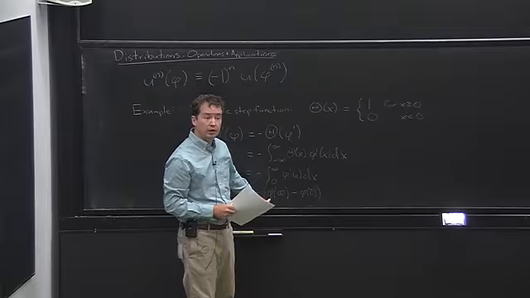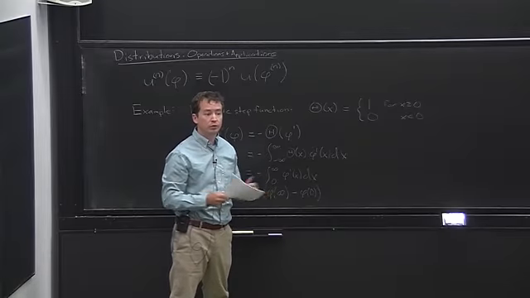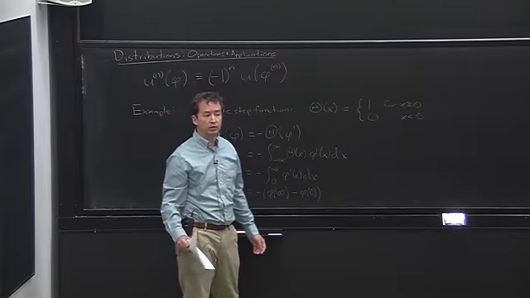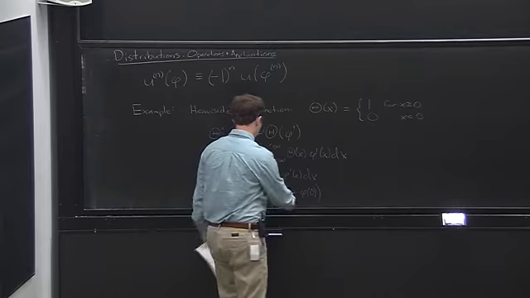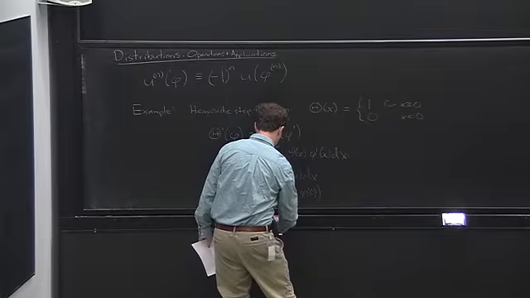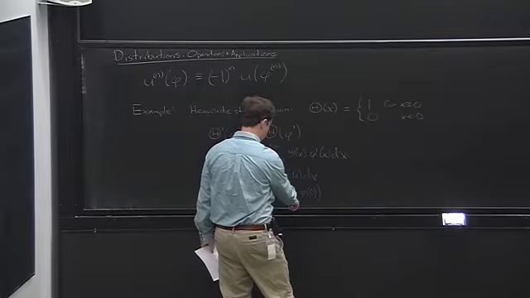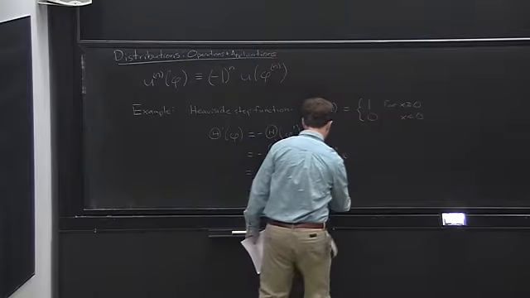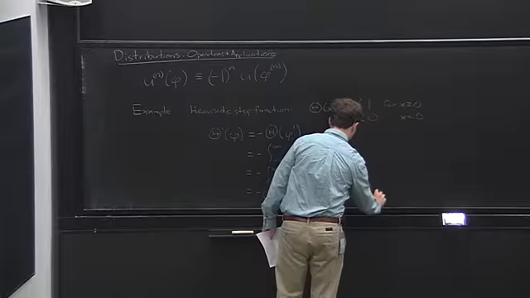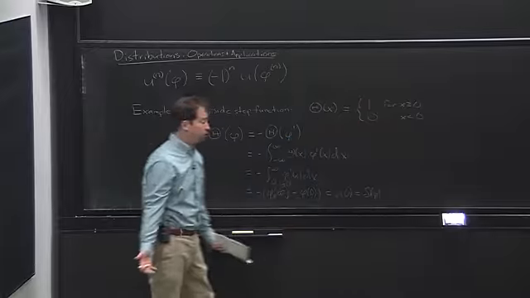Now phi of infinity, by assumption, is 0, because we assume that our test functions have compact support, so they vanish outside of a finite interval. So this term is 0, and we have two minus signs, so this just gives us phi of 0 or delta of phi, which is probably what you would have guessed.